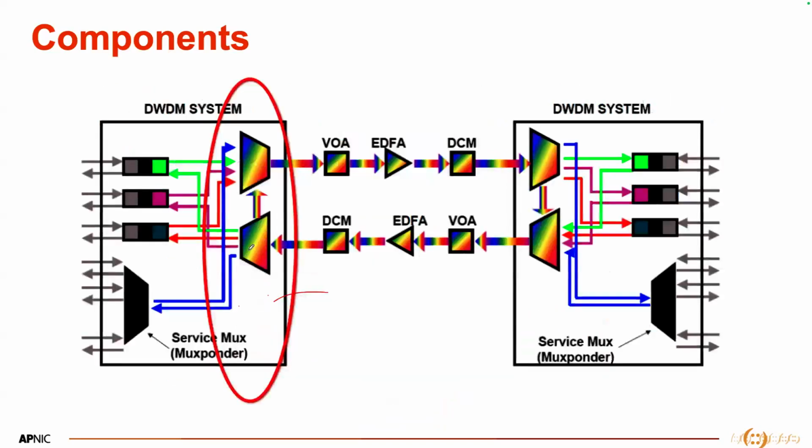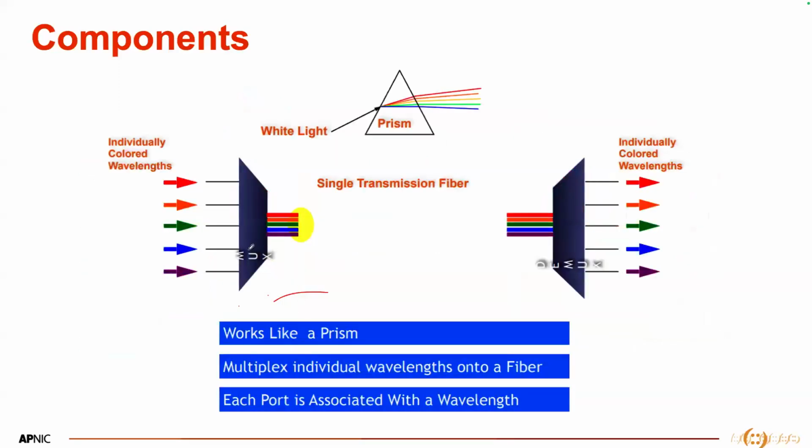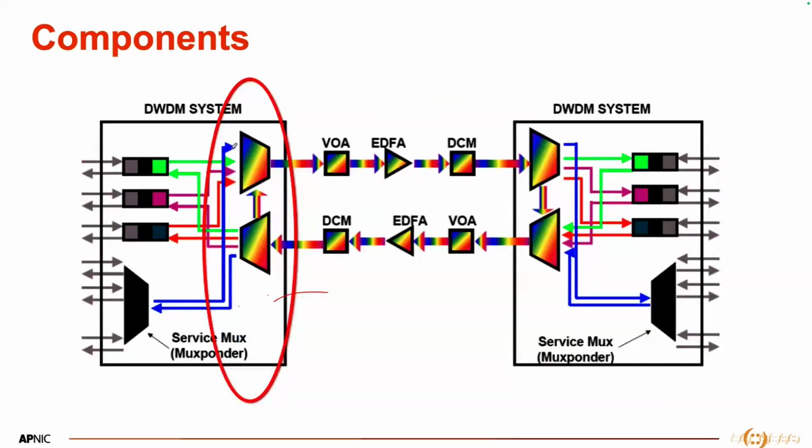Moving forward, next we have the multiplexer and demultiplexer. So as you can see in the diagram, after client is connected, then the wavelength is converted to color, and then the OTU cards are connected to the Mux and Demux units.